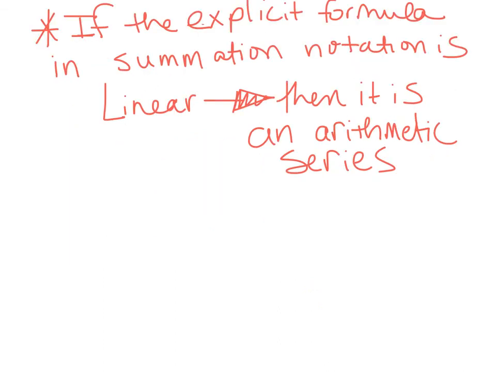This is a very important thing for you to know and to memorize. If the explicit formula in summation notation is linear, then it's an arithmetic series. So you would just use the sum formula.